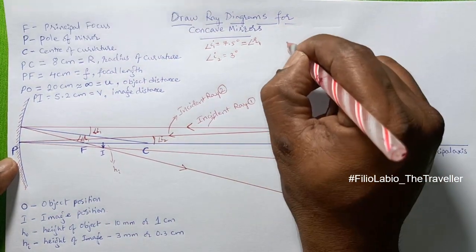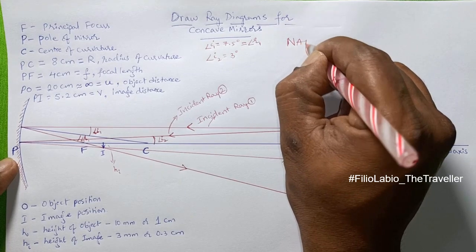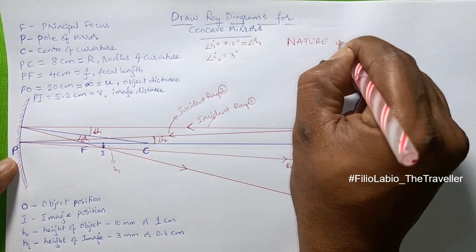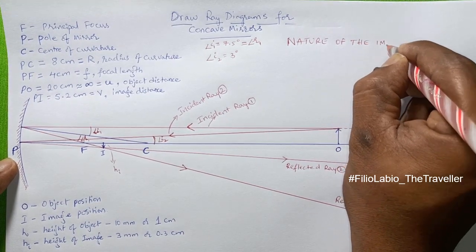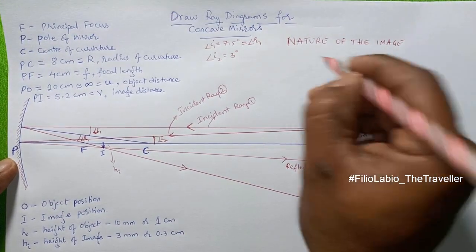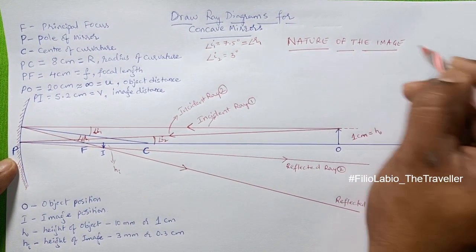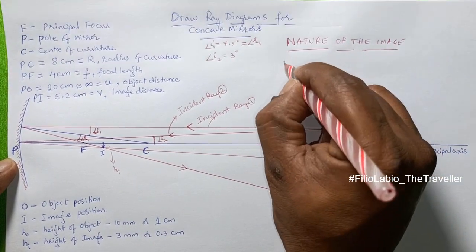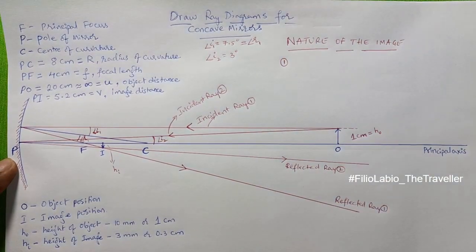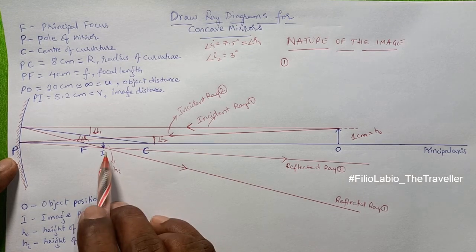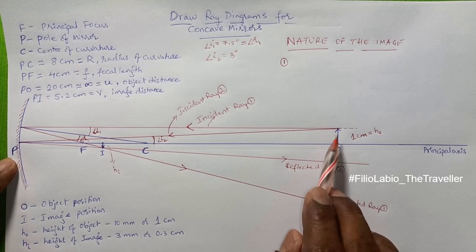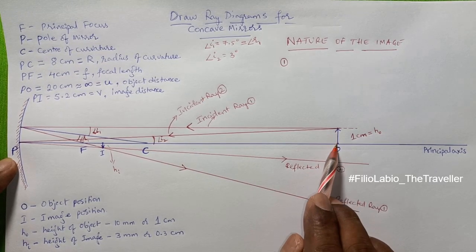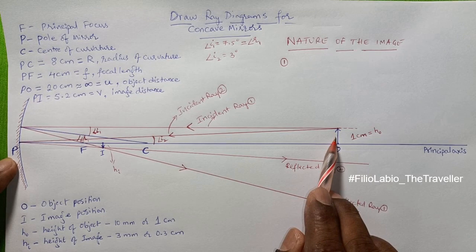What is the nature of the image? First point: compare the object. It is above the principal axis. When it is placed above the principal axis, this is called erect.